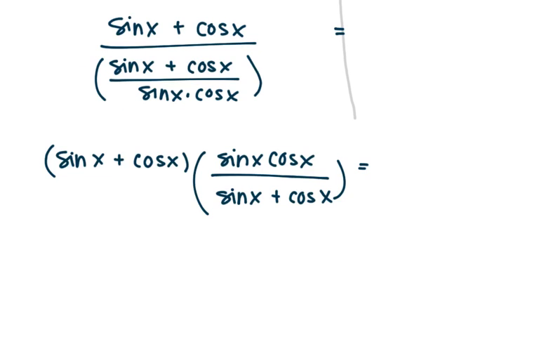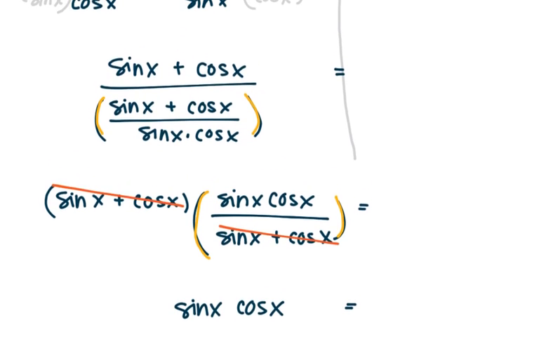So all of this denominator, I flipped it, multiply by the reciprocal. Now you should see that sine plus cosine divided by sine plus cosine cancel, and I have sine x times cosine x. All right, so I've done some fair manipulation to simplify this.